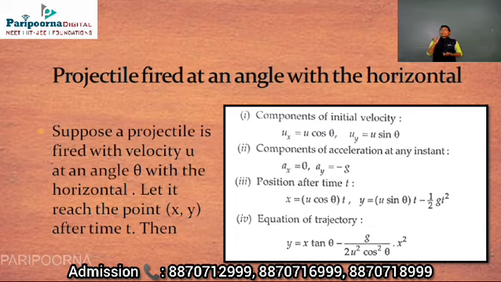The position after the time t: x equals u cos theta into t, and y equals u sin theta t minus half gt square. The equation of the trajectory is y equal to x tan theta minus g divided by 2u square cos square theta into x square.